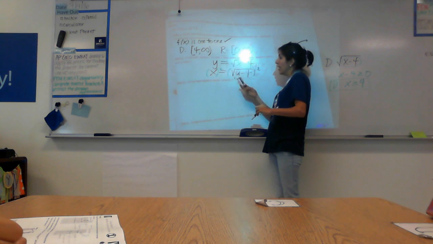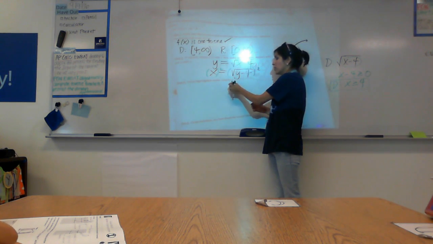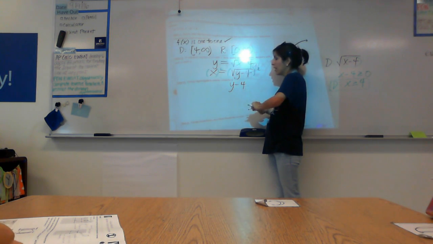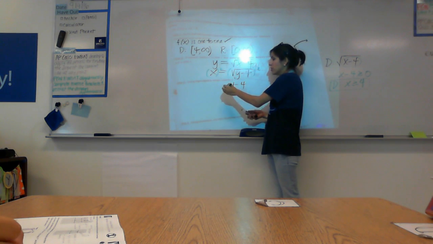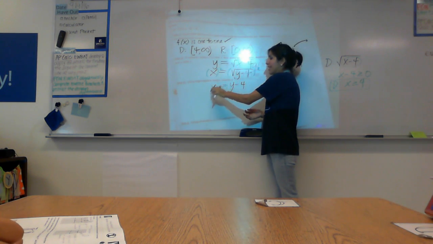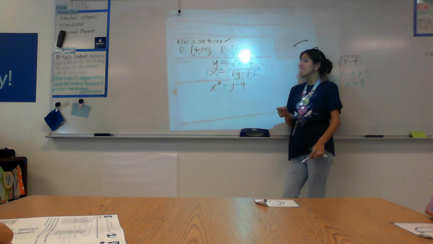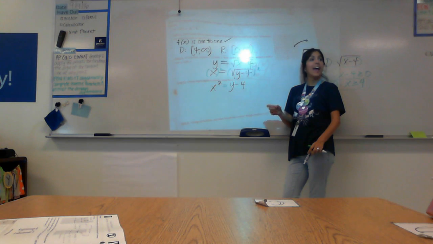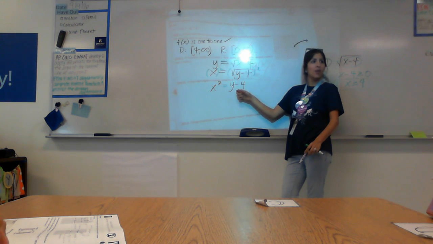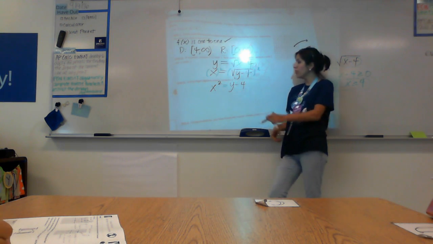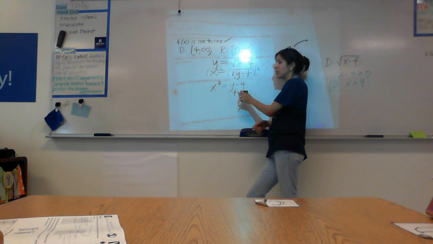Over here, the square root and the square are gone, so I have a y minus 4. On the left-hand side, x to the power of 2 is x squared. Add 4 is the last appropriate move to get y alone. Beautiful. I see a minus, I do a plus.